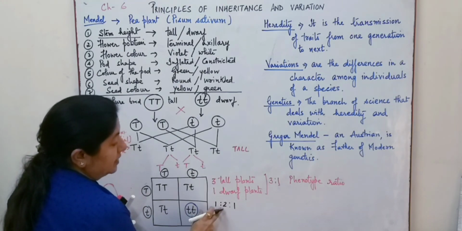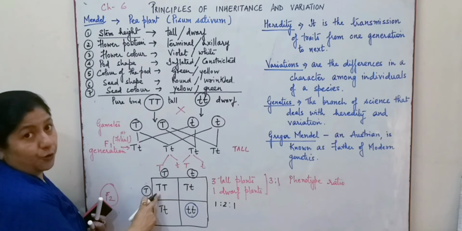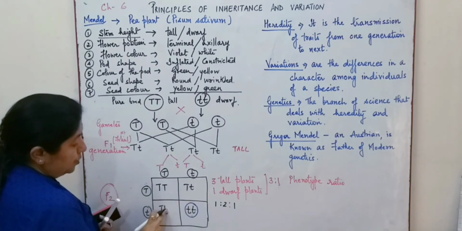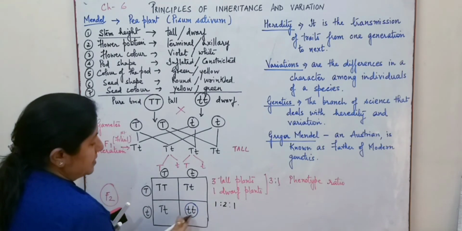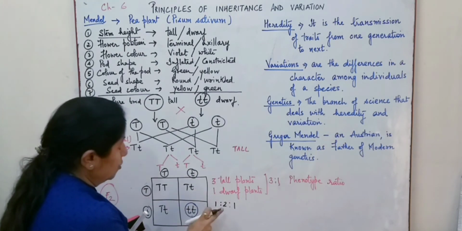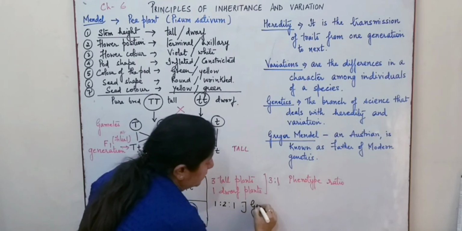So the 1:2:1. 1 is for the pure tall allelic pair, 2 is for the heterozygous allelic pair, and 1 is for the pure dwarf homozygous pair. So this is the genotype ratio.